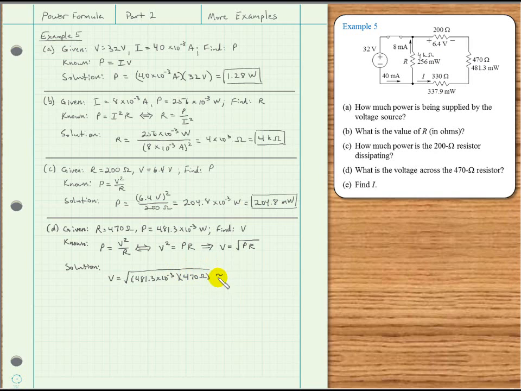And we'll take the square root, and I get approximately 15.04 volts. That's the voltage across this resistor with this polarity. The current flows through the resistor in this direction, causing this polarity of the voltage across that resistor.